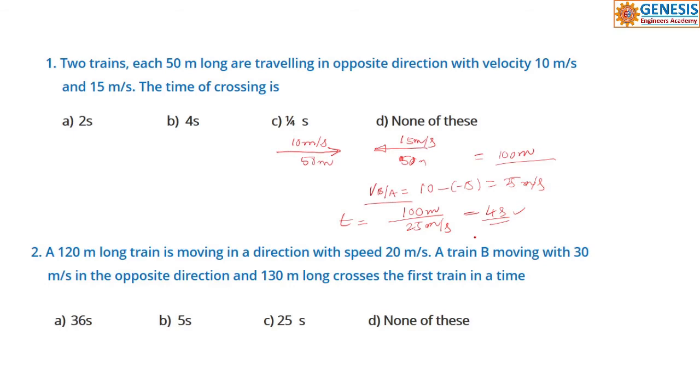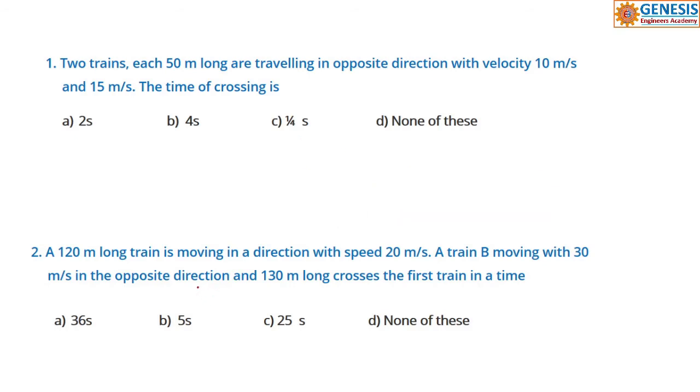So next one is the same thing. One 20 meters long train A is moving in a direction with 20 meters per second, and train B moving with 30 meters per second in the opposite direction, and 130 meters long.